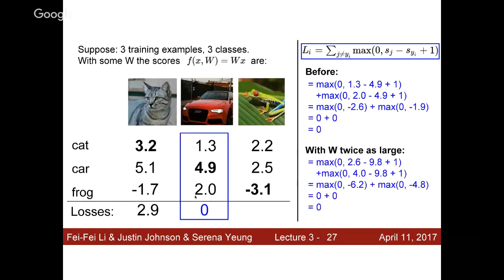And you can see this here. If I take a W that's twice as large, it's just going to spit out values that are twice as big. So you see this 3.1 comes to 6.2, this 2.0 comes to 4.0. And so with W twice as large, when we get a loss of 0, it's still going to be 0.